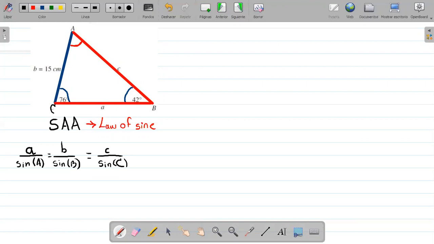I mean, this little hat it has over there.